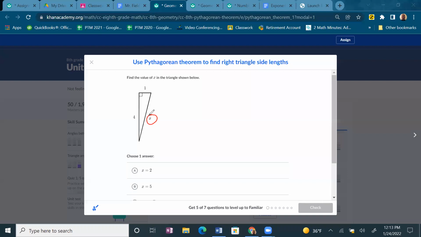So we are going to use the Pythagorean theorem, which says that in a right triangle, a squared plus b squared equals c squared. And what exactly are a, b, and c? A and b are the base and the height, and you can make either one either.